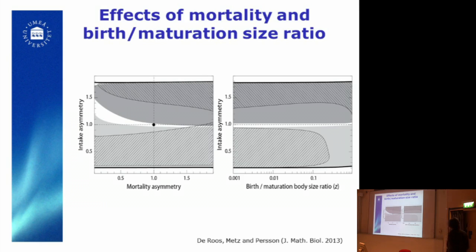The most important thing is that the parameter space for ontogenetic symmetry, I would say, is relatively slim. In most of the parameter space, we do have ontogenetic asymmetry. The other thing we see is that these juvenile-driven cycles disappear above a ratio of around 0.3 here.